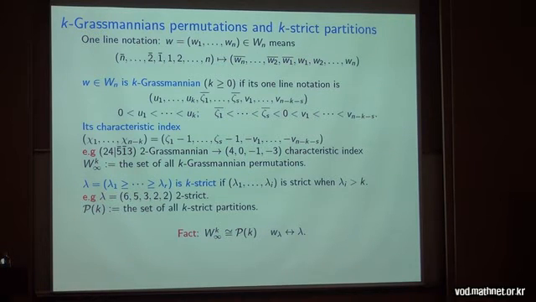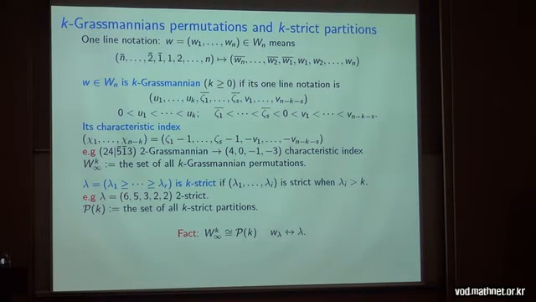And then you have, oh wait, what is this minus 1? I think this minus 1 shouldn't be there. Sorry. So 4, 0, minus 3. This minus 1 is a typo. It's not there.